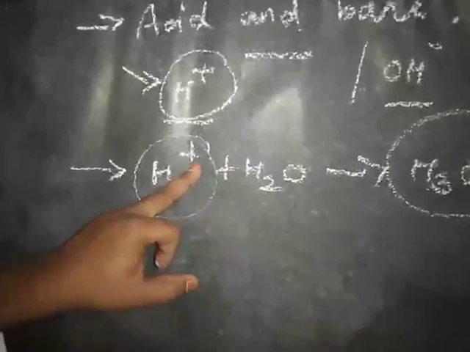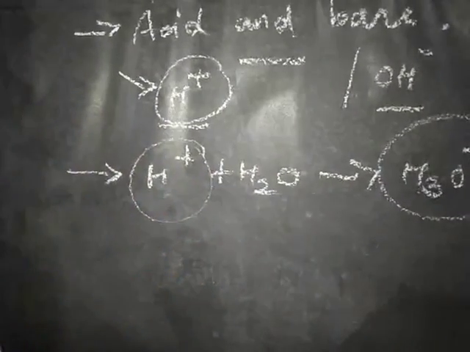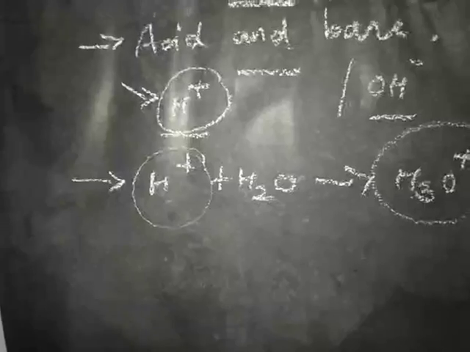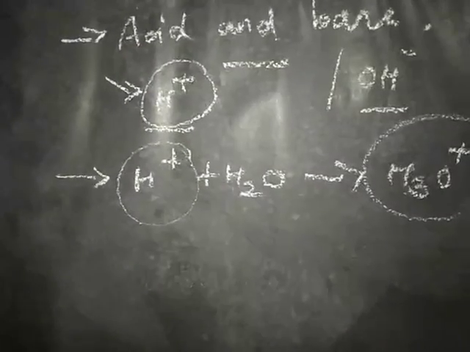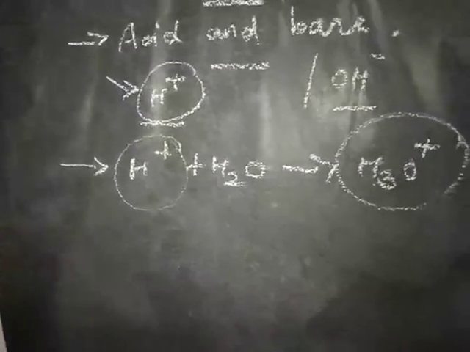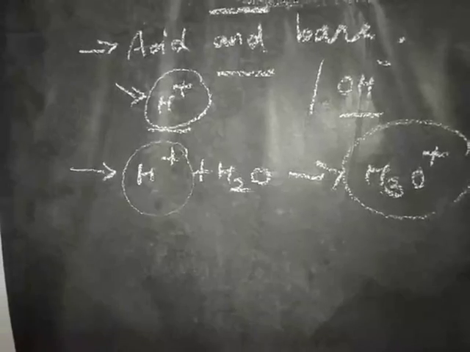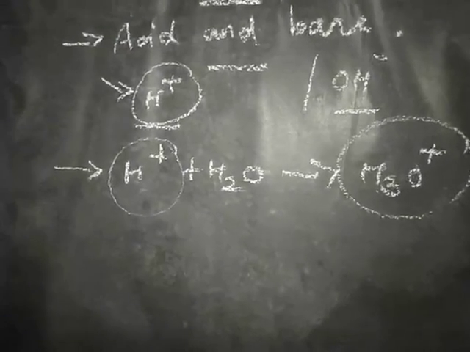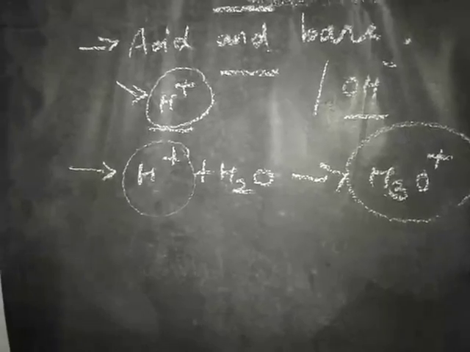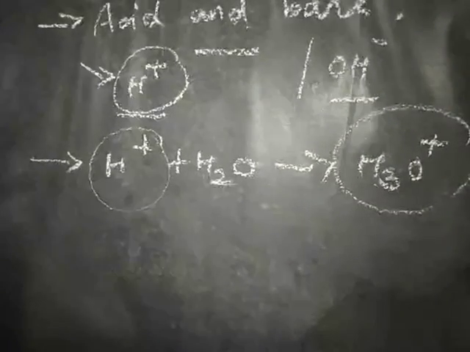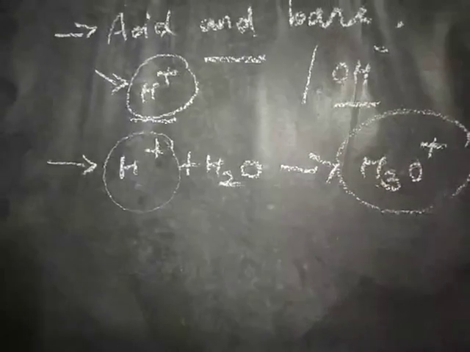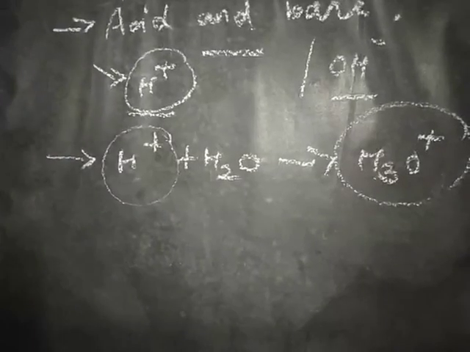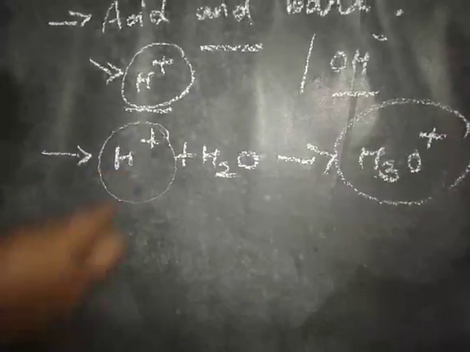Ions are nothing but charged particles. Hydrogen ions cannot exist alone, but they can exist combined with water molecules. Thus hydrogen ions must always be H plus or H3O plus. Many substances contain hydrogen, but we cannot call them acids, for example methane, CH4, and ammonia.